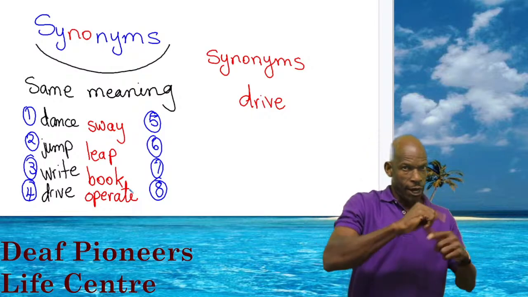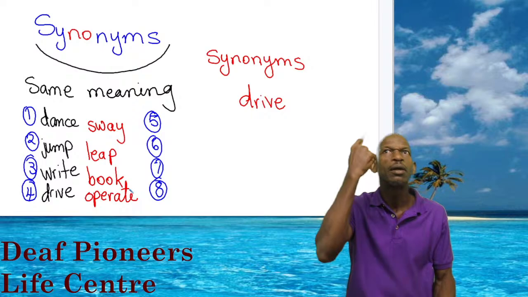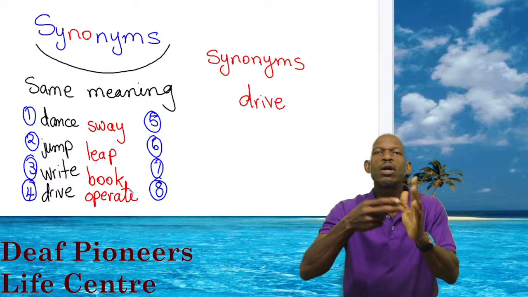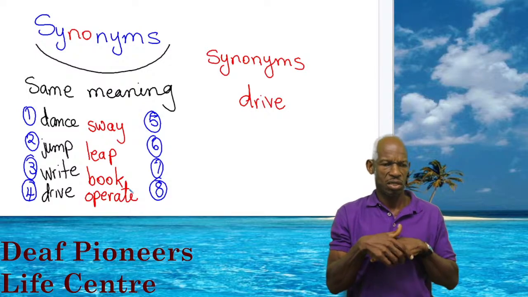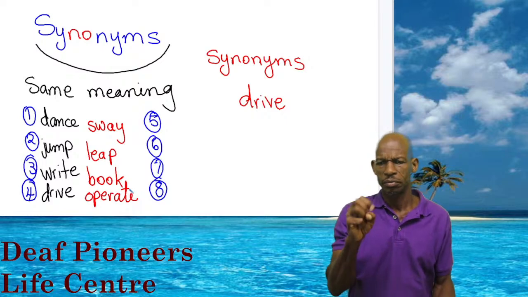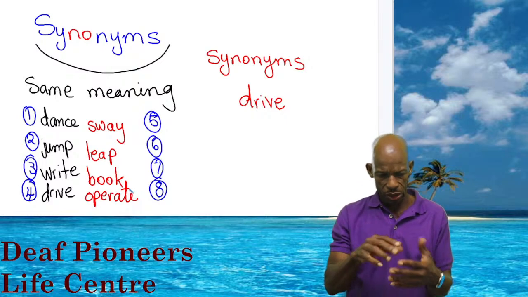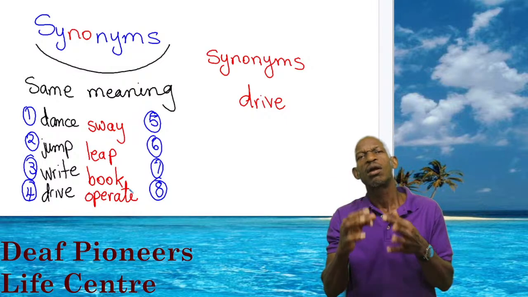So we want to improve your sign language. We want to improve your ability to sign, because when you, as a deaf person, read English and you see this word sway in your sentence, you must know that it means to dance.